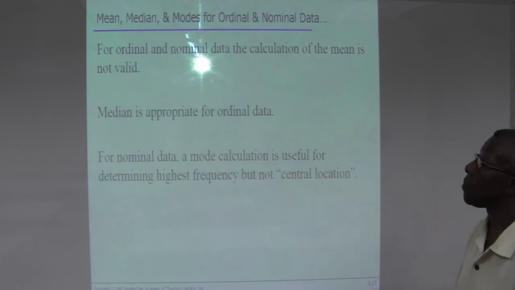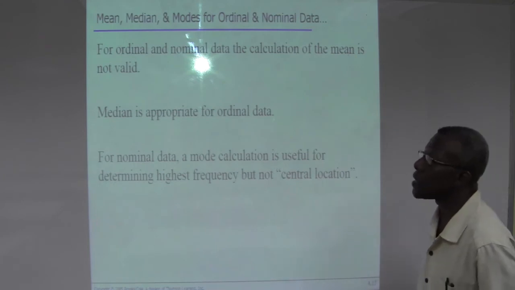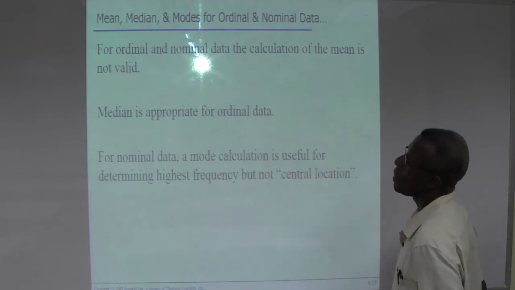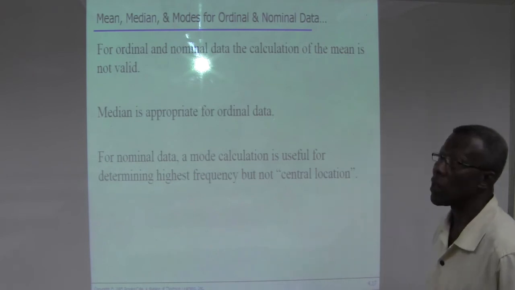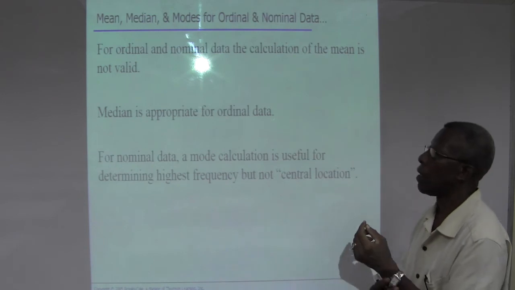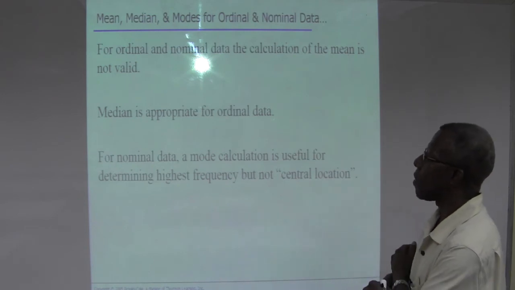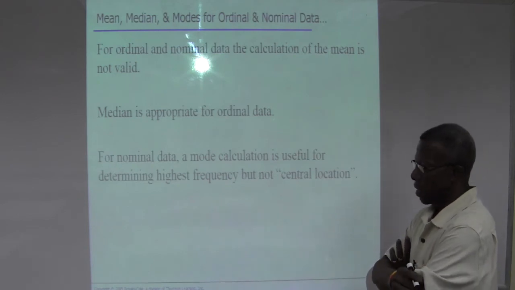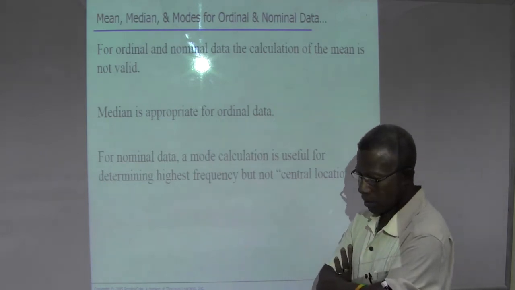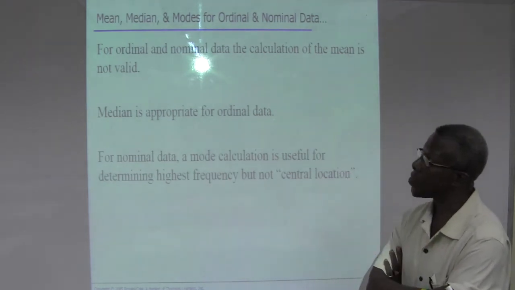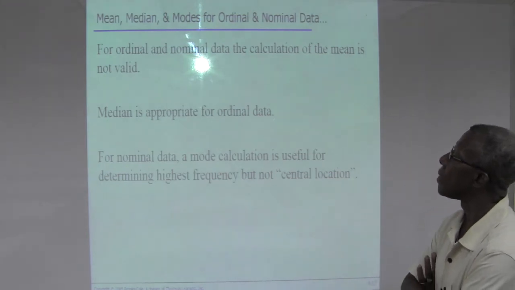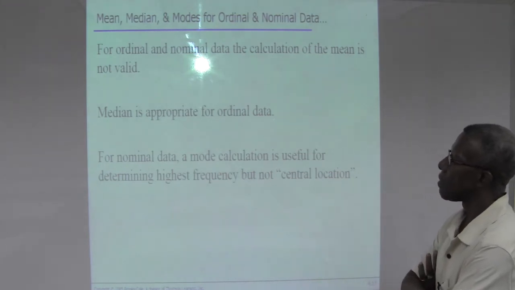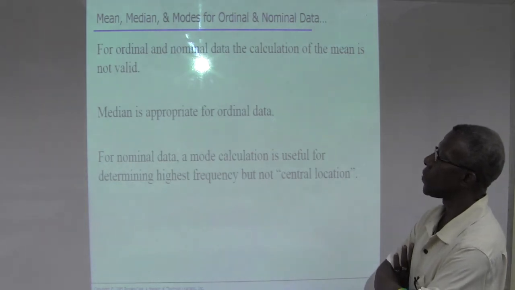We're looking at the mean, median, and mode for ordinal and nominal data. For ordinal and nominal data, the calculation of the mean is not valid because the values are really categories, and the numbers associated are just labels. They are not real data. The median is appropriate for ordinal data.